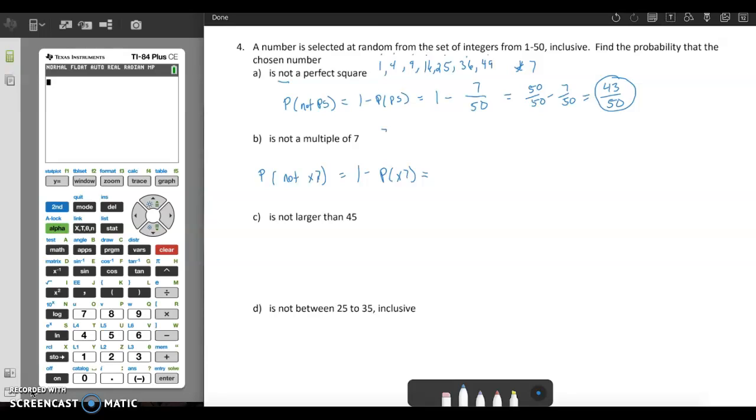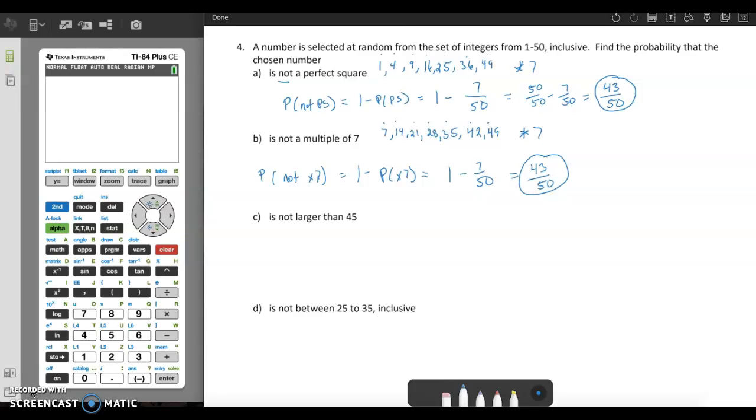So let's see, there's 7, 14, 21, 28, 35, 42, and 49. So there are 1, 2, 3, 4, 5, 6, 7. It just randomly happened that both examples that were chosen here had 7. So we're doing 1 minus 7 over 50 again, which we already know from the prior problem is 43 over 50. The fact that those came out the same is just random.